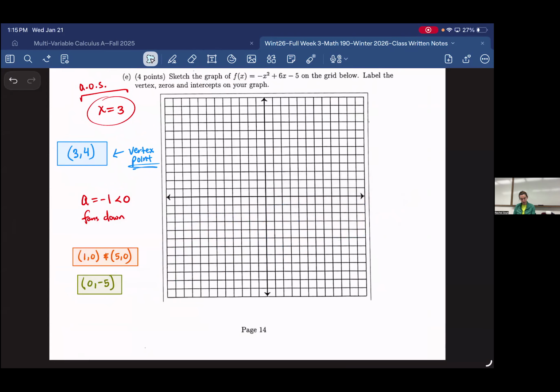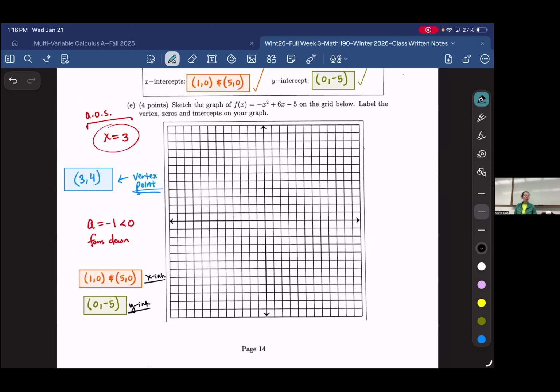So x-intercepts, y-intercept. We want to sketch the graph of this function. And then they are asking us to also label vertex, zeros, and intercepts on the graph. So a lot of labeling.